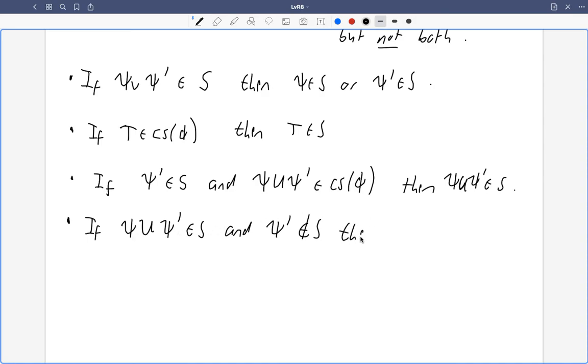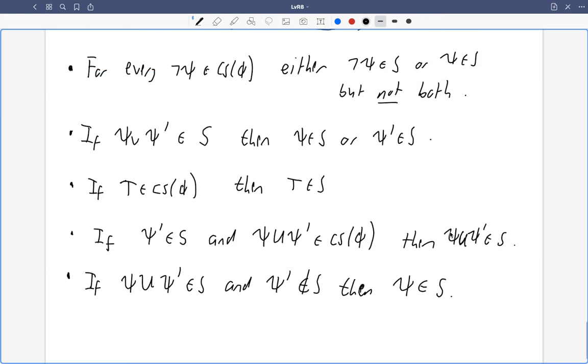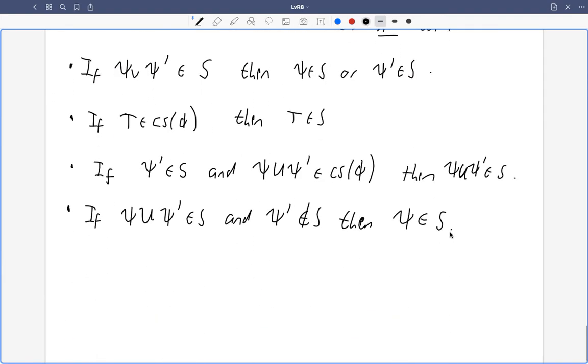So in this case, we need to require that psi, which is of course one of the complemented subformulas of phi, because the whole until formula is, then needs to belong to S. And those are all the conditions.